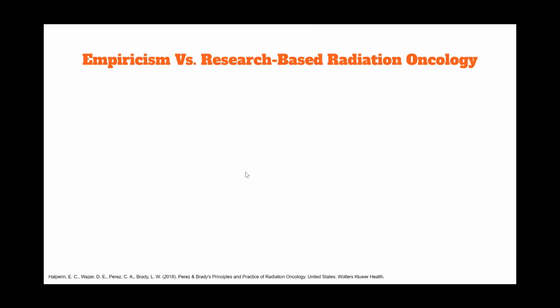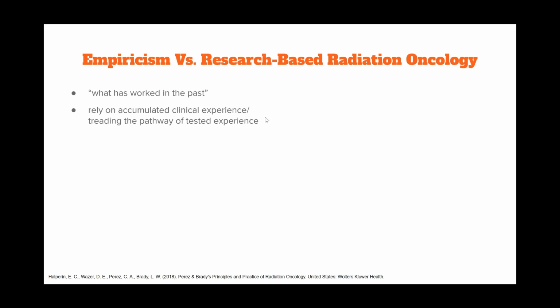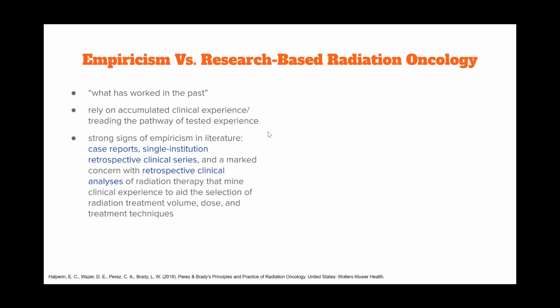As such, radiotherapy initially was basically based on empiricism. Empiricism means what has worked in the past. What has worked has worked, we'll keep on doing it. So we would rely on accumulated clinical experience. And there are very strong signs of empiricism in our literature.